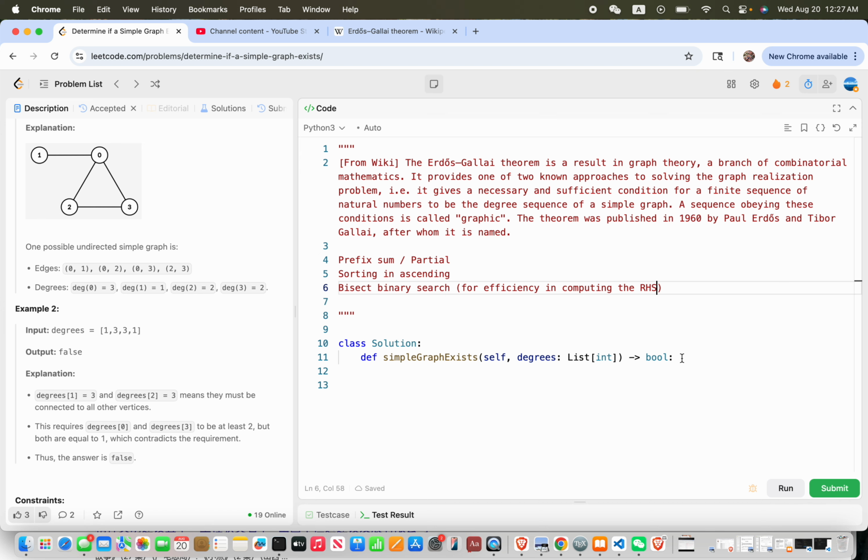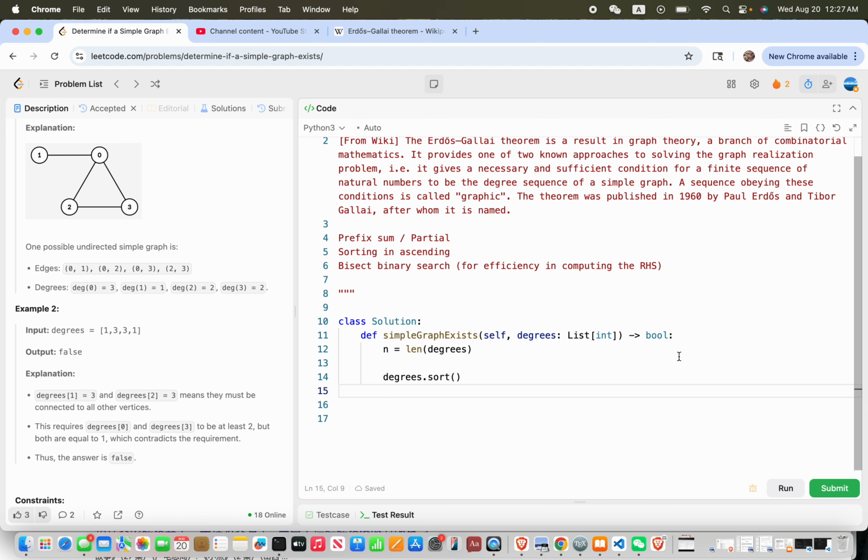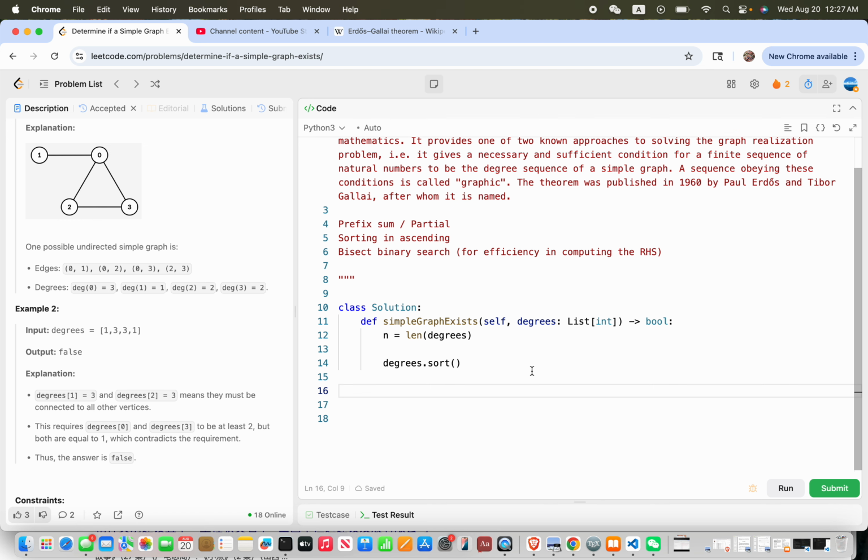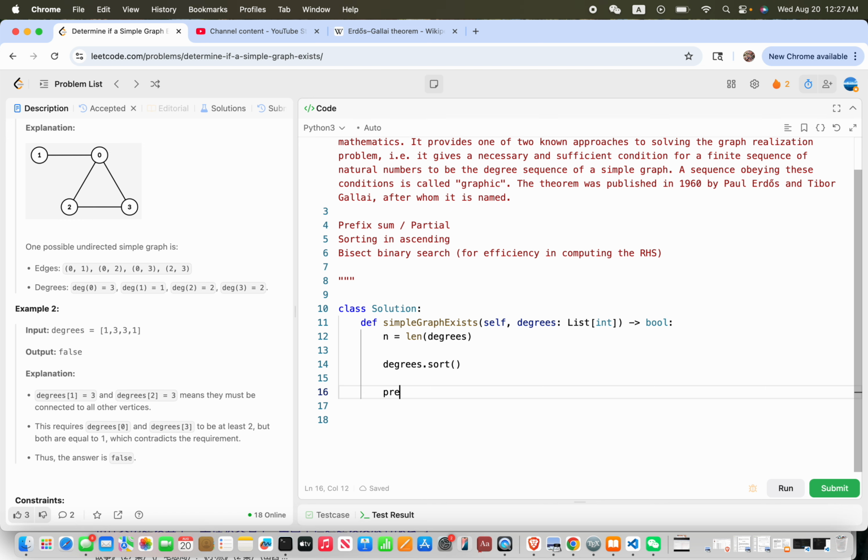So first, let's get the length of the degrees, and then I'm going to sort degrees in increasing order. You just need to count the first k terms from the back. Then I'm going to compute the prefix. This should actually be a suffix if we sort in increasing order, but let's just use prefix.